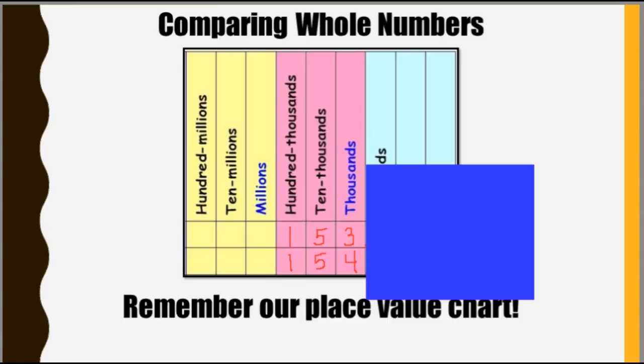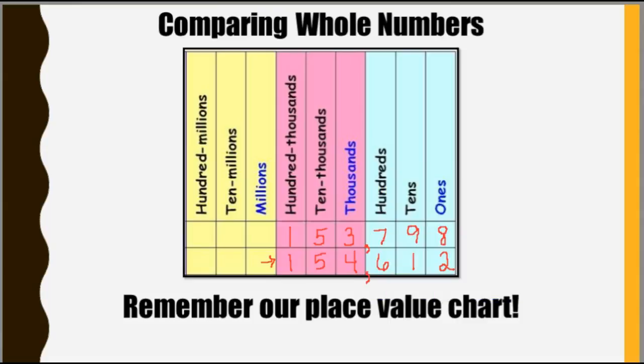So right away, I can just make a little note to myself that this one is bigger. So then I can go back to my problem and say that 154,612 is greater than 153,798.